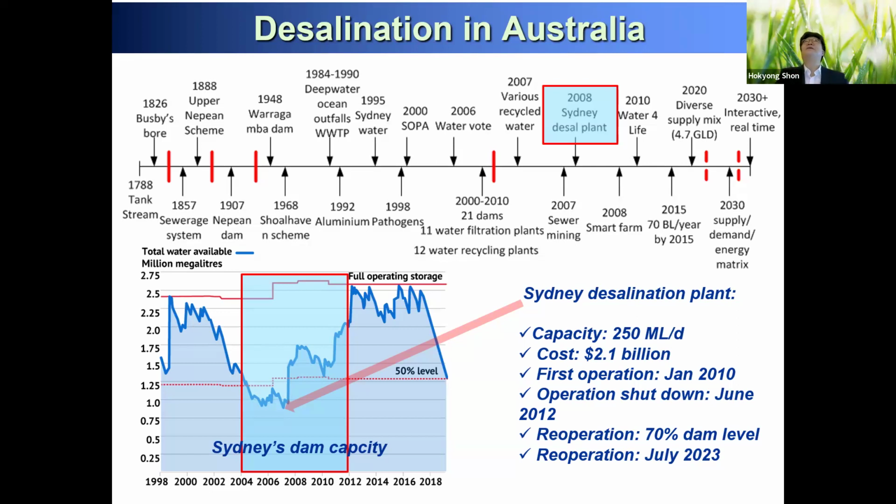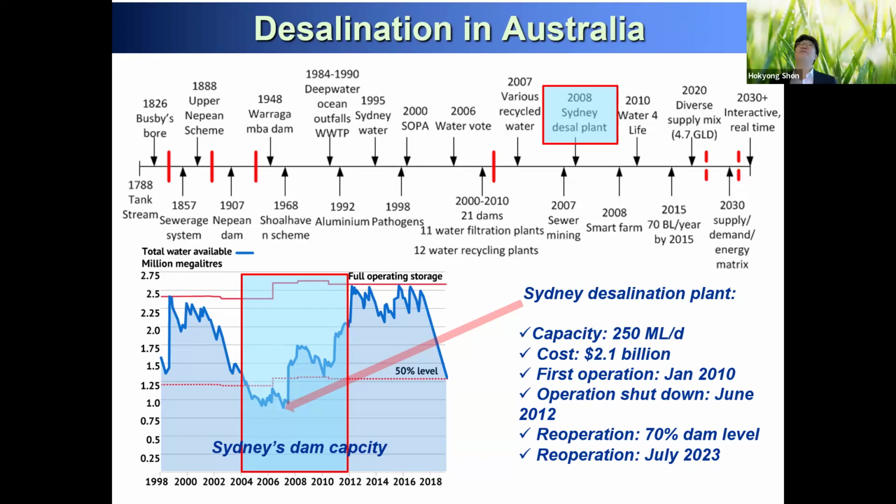So they started building in 2008. It took around 2 years to have the first operation of the desalination plant, January 2010. And then we shut down this plant in 2012. So how long did it operate? Almost 3 years.